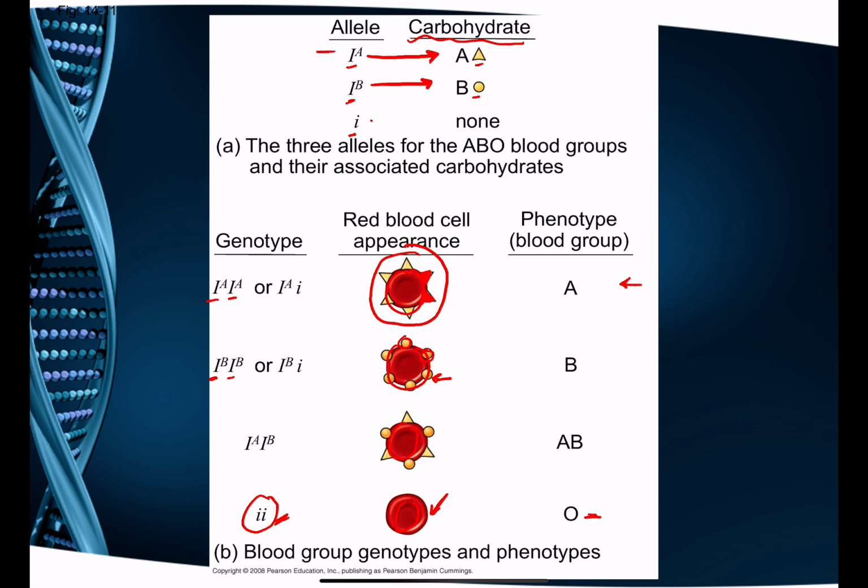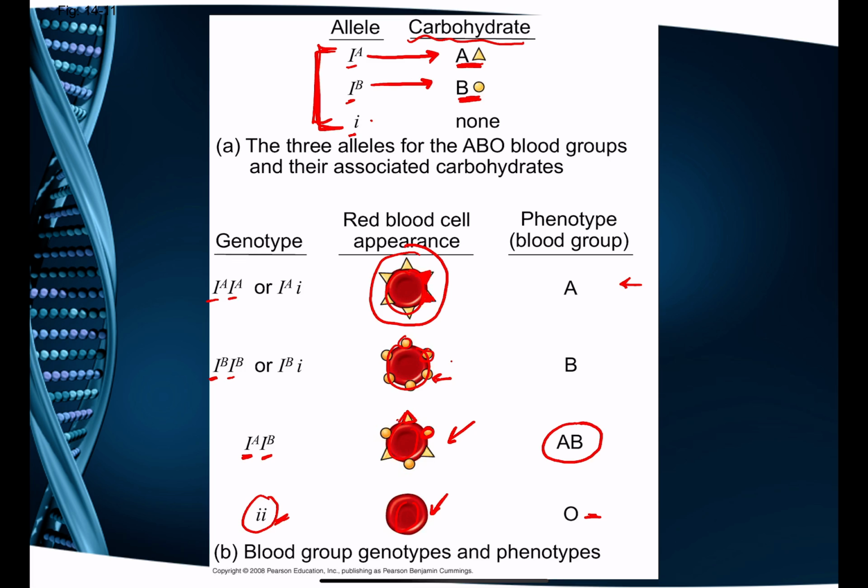But you see we have three alleles here, and so this represents multiple alleles. It also represents codominance in this example. In AB blood, you have the circle and the triangle, okay? The IA gives you the triangle.